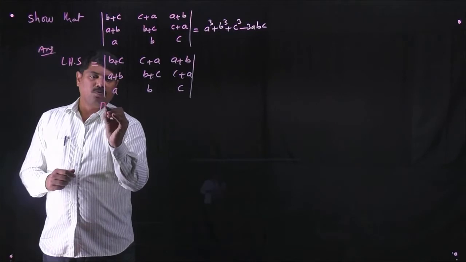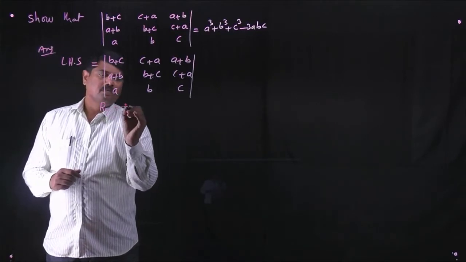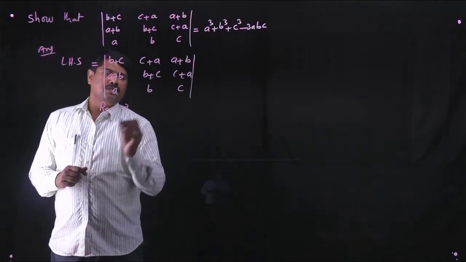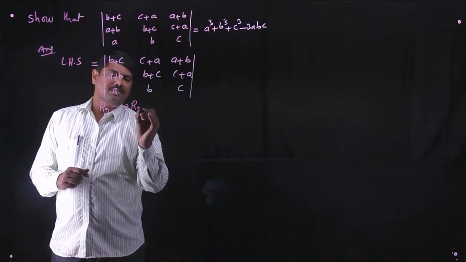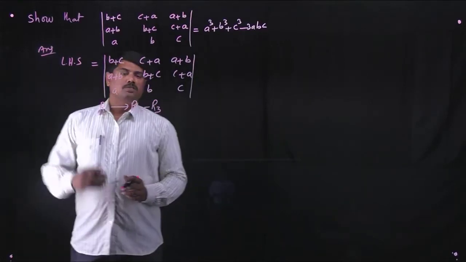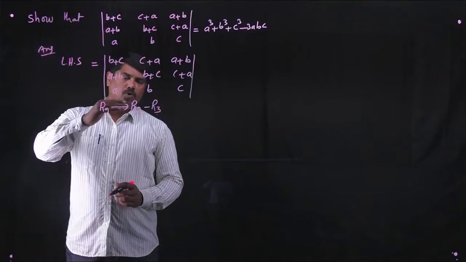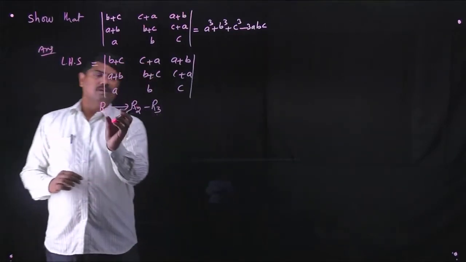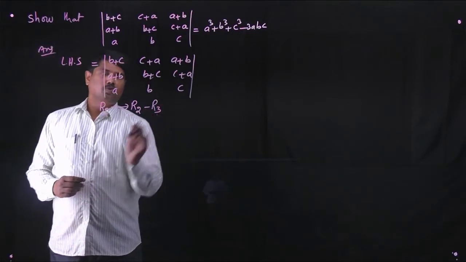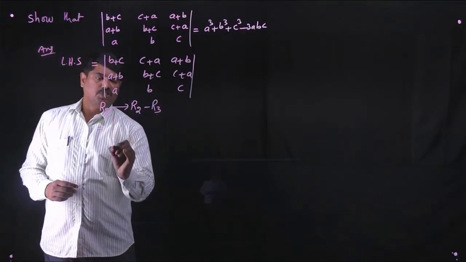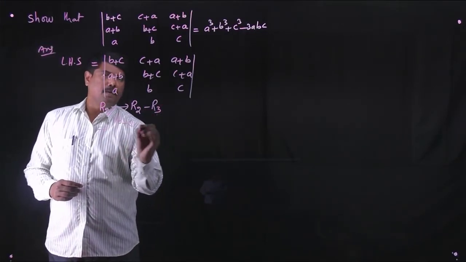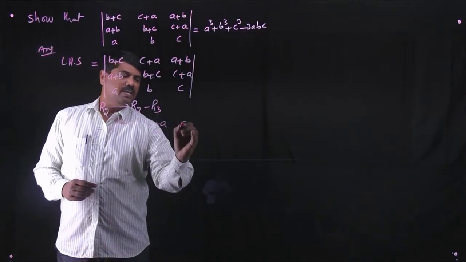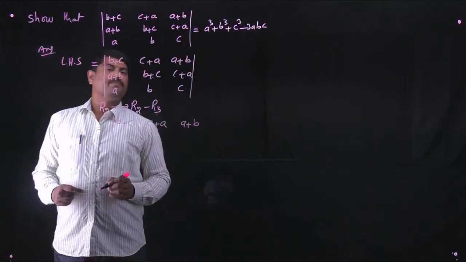I am applying one operation: changing R2 as R2 minus R3. By using the third row, I am going to simplify the second row. The first row, b plus c, a plus b, a plus b, remains the same.